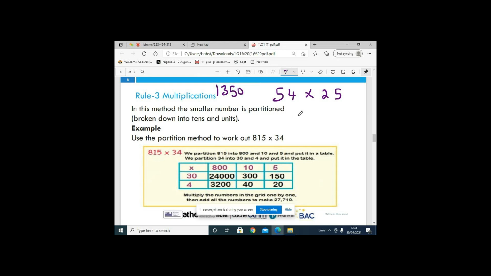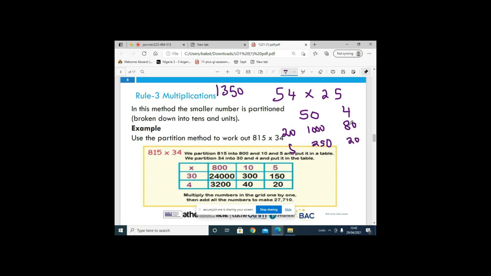1,350. So let's check maybe it's right. This is 50 and 4. This is going to be 20 and 5. So this one is going to be 1,000, and this one becomes 80. This one is going to be 250, and this one is 20.